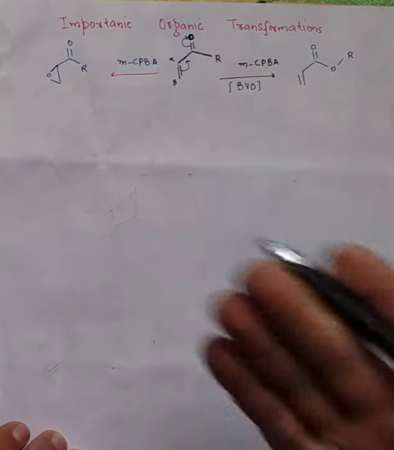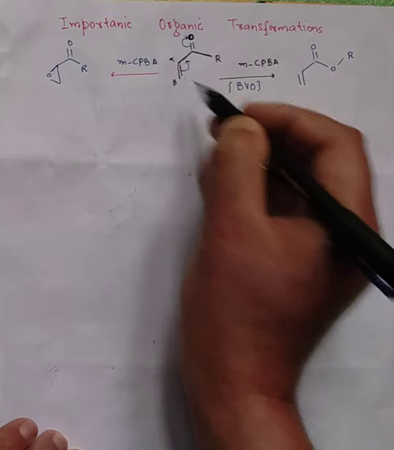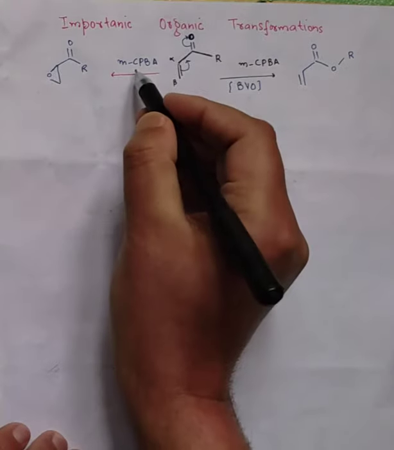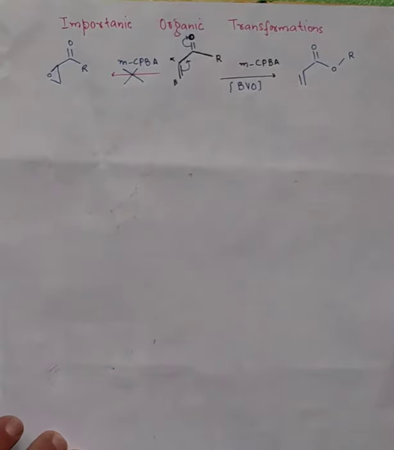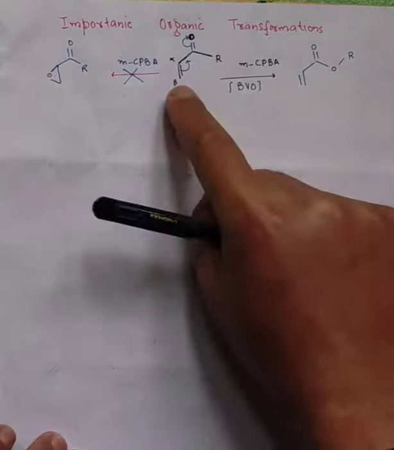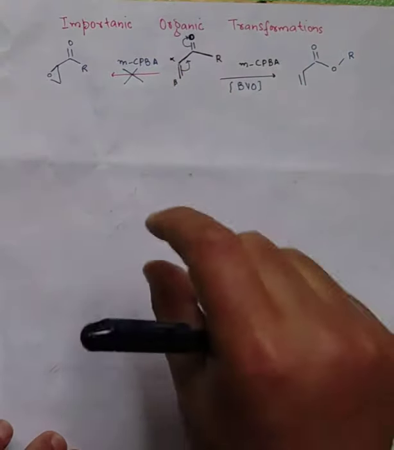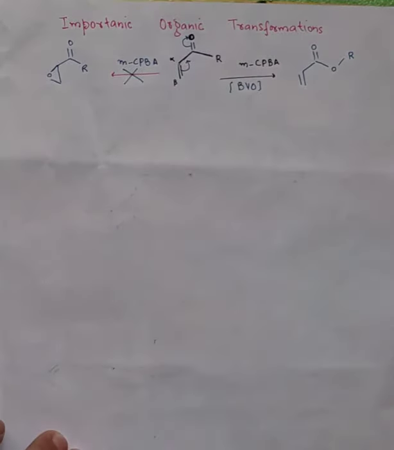Fine. So what does that conjugation mean? That this alpha beta carbon becomes electron deficient. So when the alpha beta carbon is electron deficient, this epoxidation has less chance to occur. Why? Because epoxidation is preferred when the carbon-carbon double bond is electron rich. If there are electron donating substituents on this carbon, then we'll get the preferred product as the epoxide.